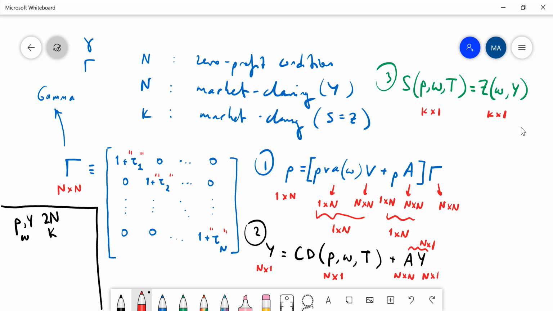What is that? Okay, that unknown is T. Why? Because T depends on, that's the last equation of the new system. It will depend on the revenue. Okay, remember this equation?